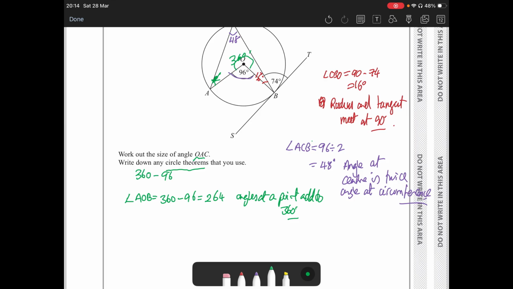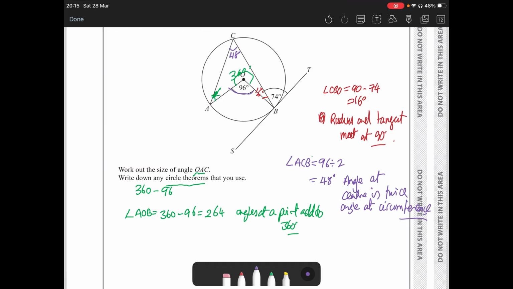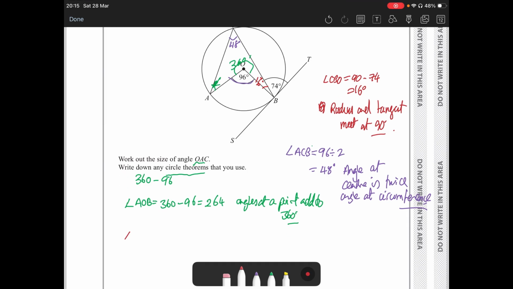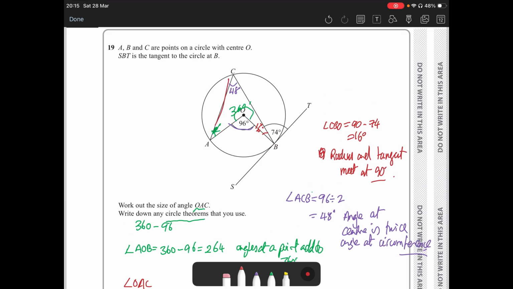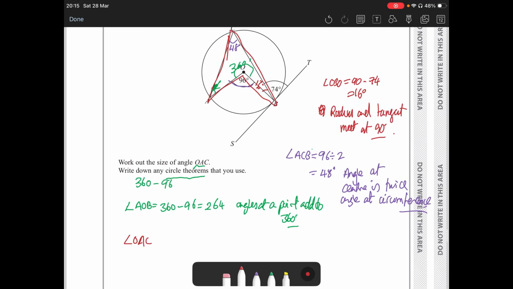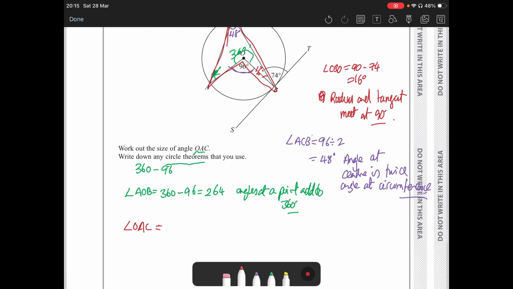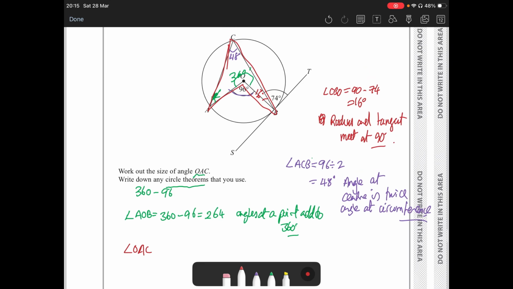Okay, so wrapping things up, to work angle CAO out, or OAC even. So let's write this out. OAC. We've got a quadrilateral, haven't we? We've got an arrowhead, or some people like to call it a delta. Not that you needed to know that in this particular question, but to work that angle out, I don't know why I wrote 360 up there.